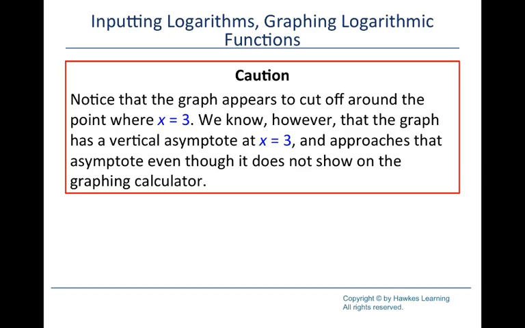The graph appears to cut off around the point where x equals 3. So we know it doesn't really stop. It just approaches that asymptote and then keeps going straight down. So you may have some things where it looks funny on the calculator. I think this is what it's trying to say. But you can input log functions on the calculator, just y equals log. You can't put a base in. It's going to have to be log base 10 or natural log to put it in the calculator.